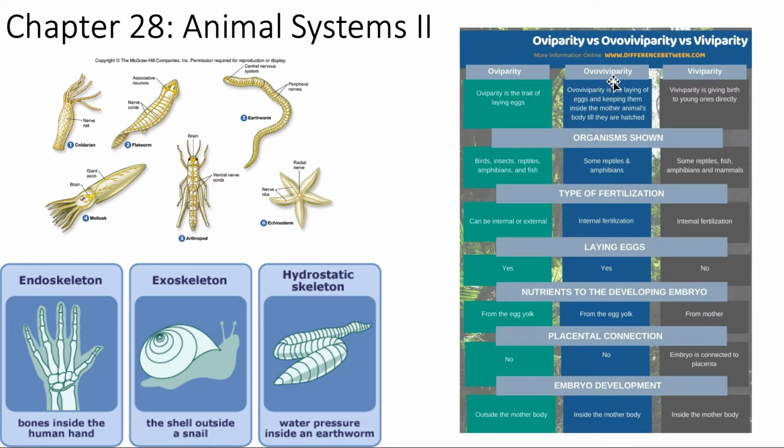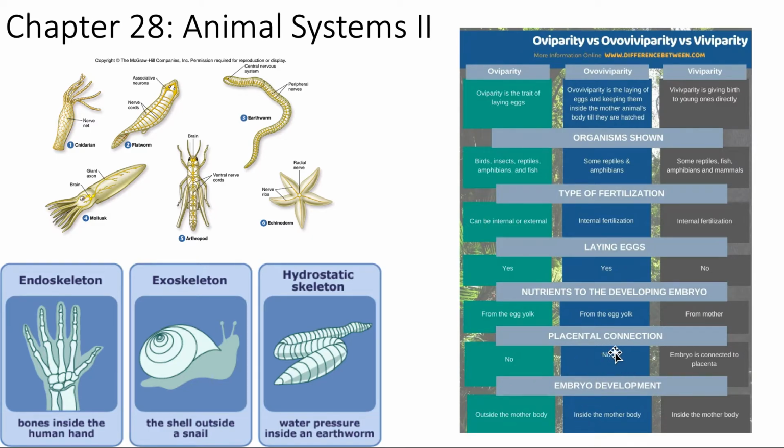Ovoviviparous is an egg inside the mother. So reptiles and amphibians, you do have some, sharks, things like that, are ovoviviparous. That's an internal fertilization, which would make sense because it's inside the mother.